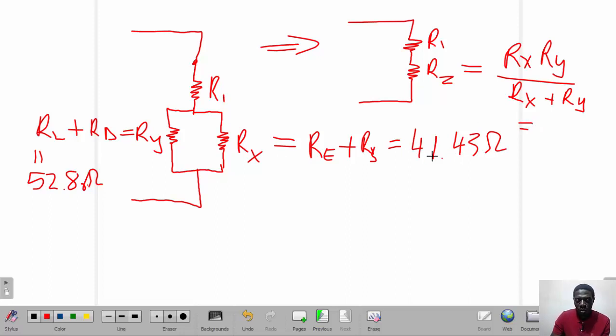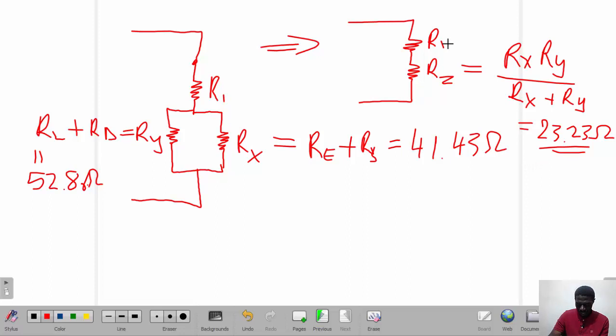So you've got 41.43 multiplied by 52.86 divided by the sum of the two, and this leads you to a solution which is about 23.23 ohms.